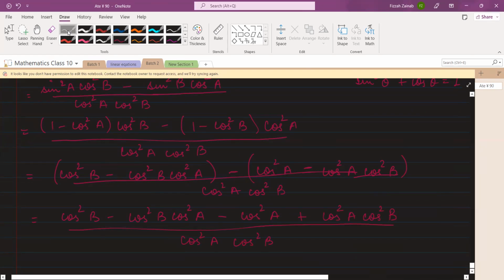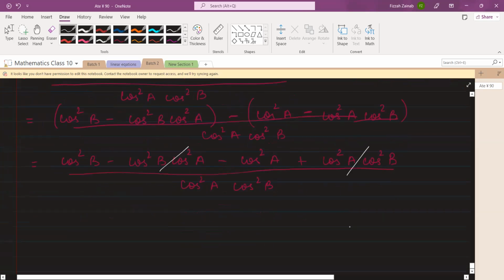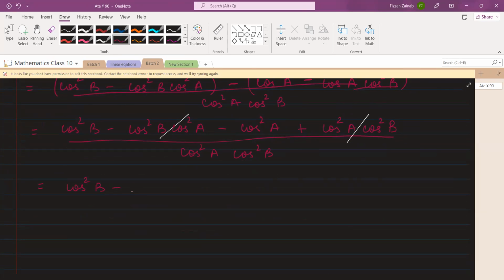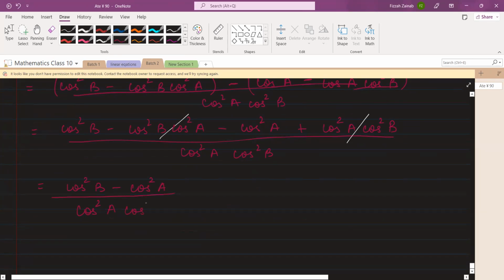So this whole term will get cancelled out, same term. And then you have cos square B minus cos square A divided by cos square A cos square B. I think this was what you were supposed to prove, right?